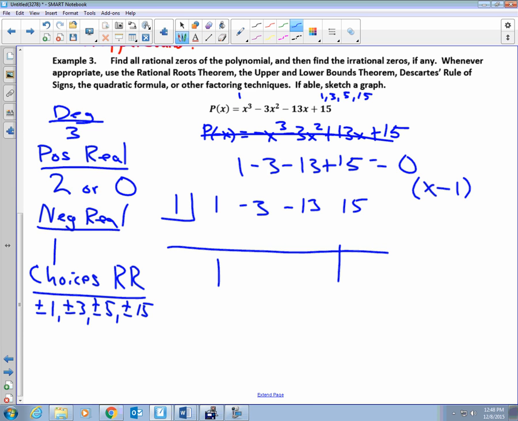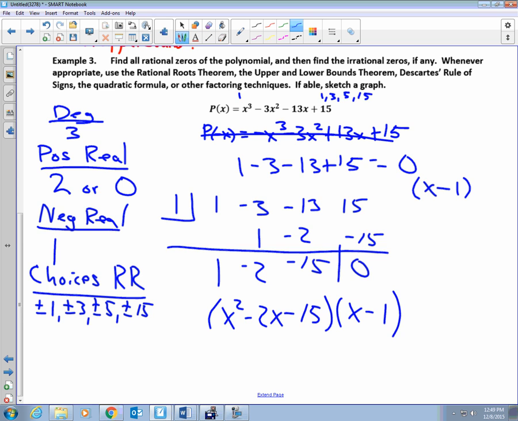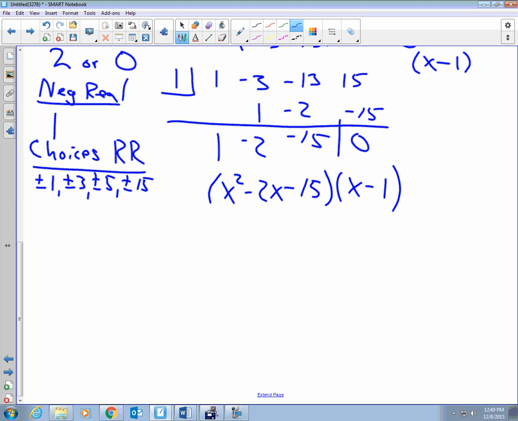Drop the 1, multiply. So it does factor. That's what it factors to. Does the x squared minus 2x minus 15 factor? To what? Yeah.